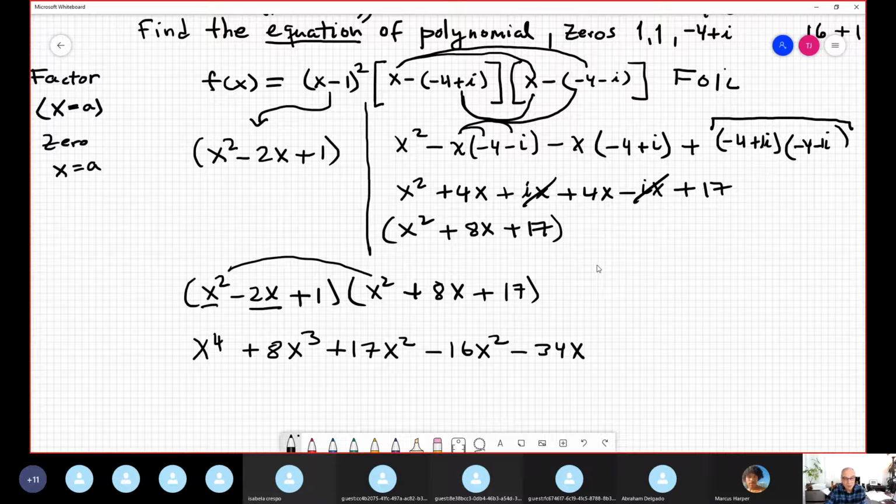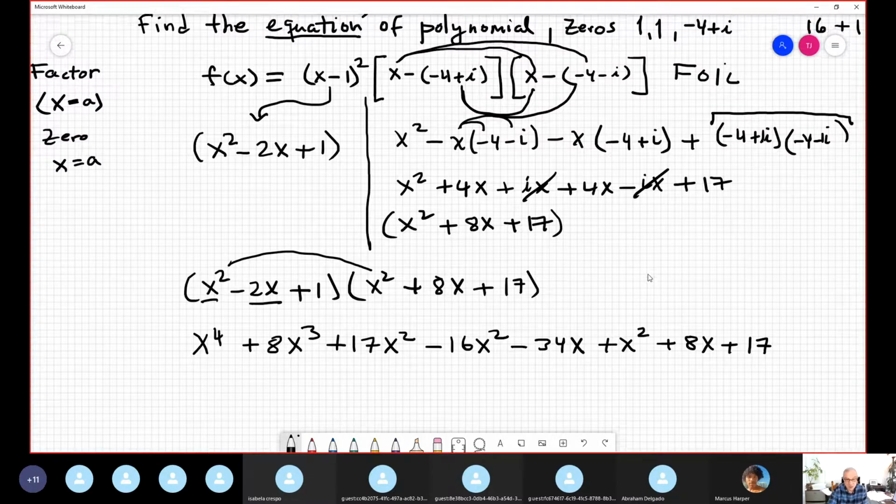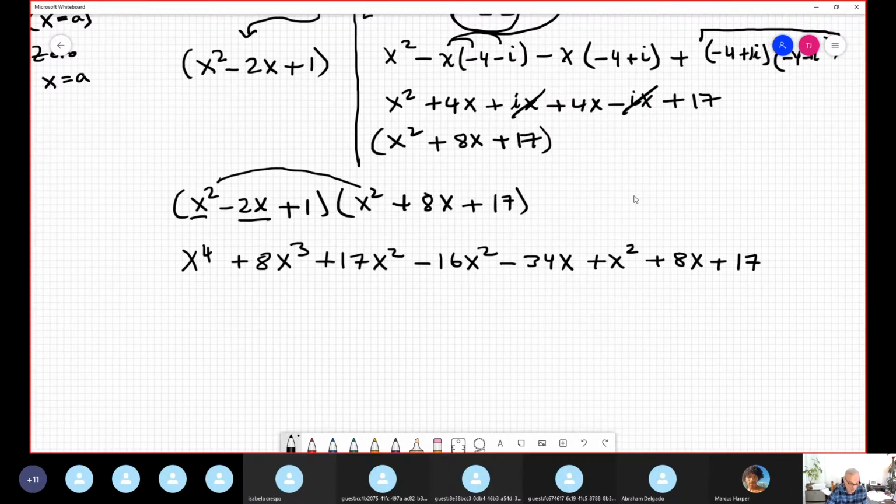And the last one is plus x squared plus 8x plus 17, because it's 1, so it stays the same. Finally, we combine like terms. x to the 4th power. Which are alike? This is like, and like, because they have the same exponent.